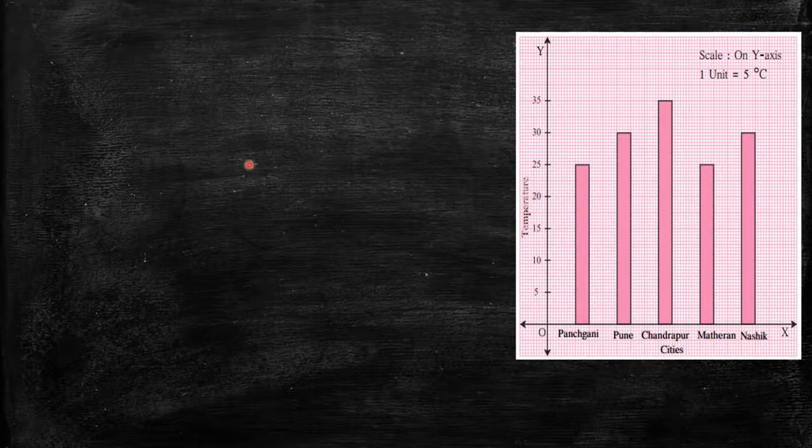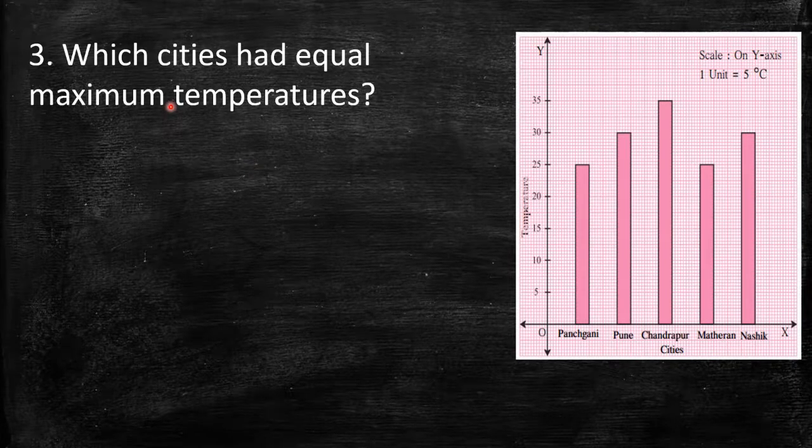Question number 3. Which cities had equal maximum temperature? So here on this graph you can see these bars are the same. So Panchgani and Matheran had 25-degree temperature, and Pune and Nashik had 30-degree Celsius temperature.